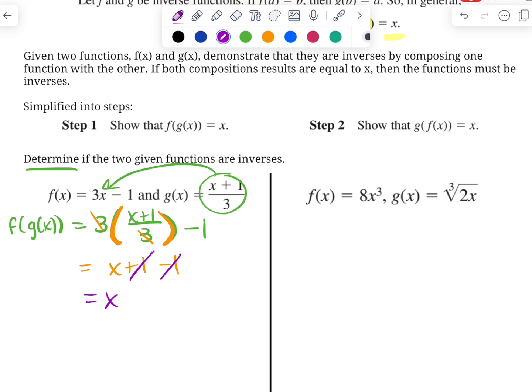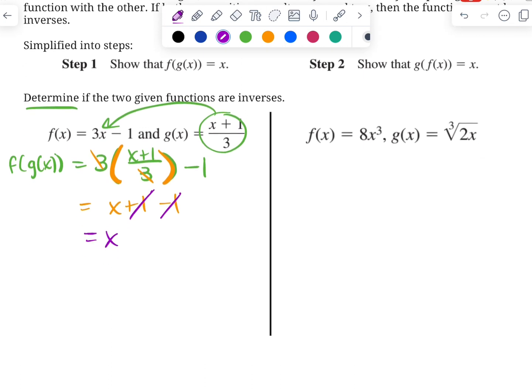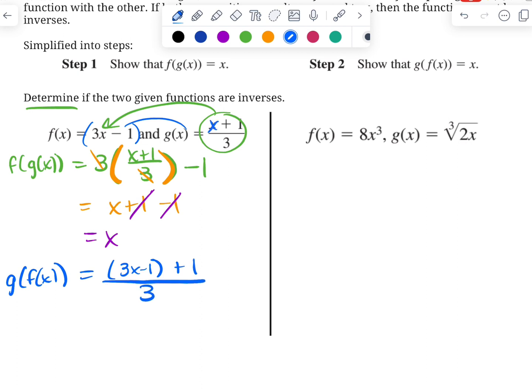So I get x. Now, if I take g of f of x, that means I take 3x minus 1 and I put it into g. Instead of x, I'm going to have 3x minus 1 plus 1, because x is in the numerator, over 3.